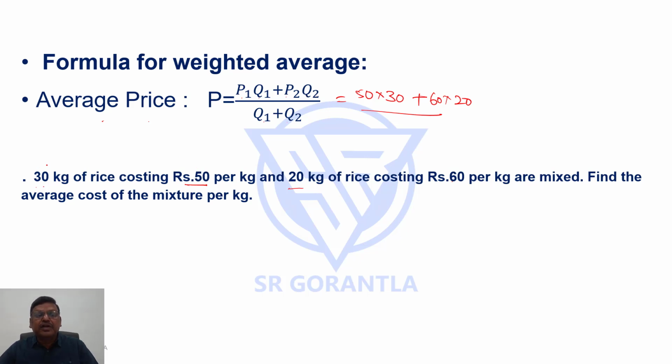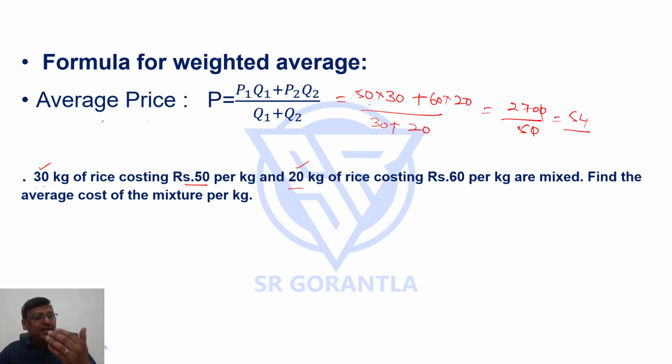Quantity 1 is 30, quantity 2 is 20. You can see 1500 plus 1200, 2700 by 50, 270 by 5, 540 by 10, it is 54. We got the same answer. In fact, though we were not using the formula, more or less we were doing the same, right?